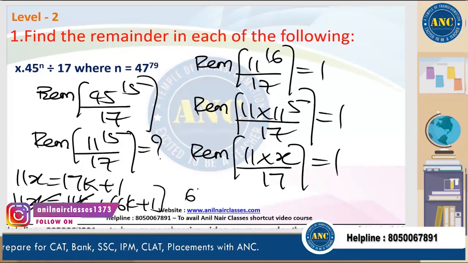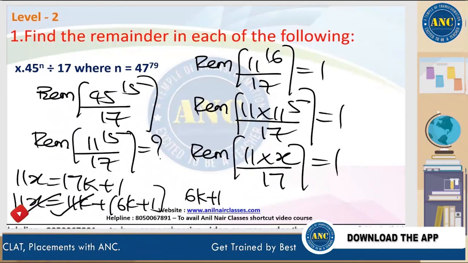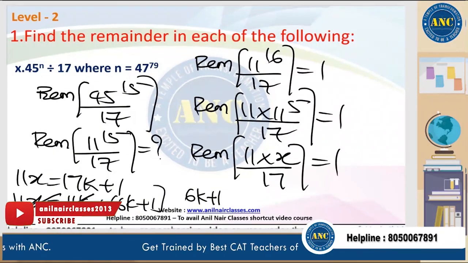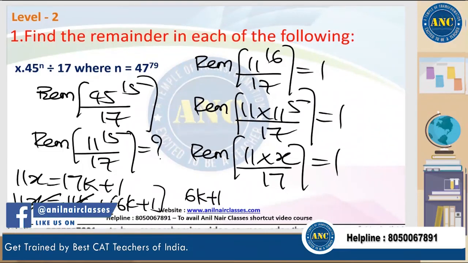Divisible by 11, divisible by 11. So 6k plus 1 should be divisible by 11, and k should be an integer. 6k plus 1 cannot be 11, cannot be 22, cannot be 33.